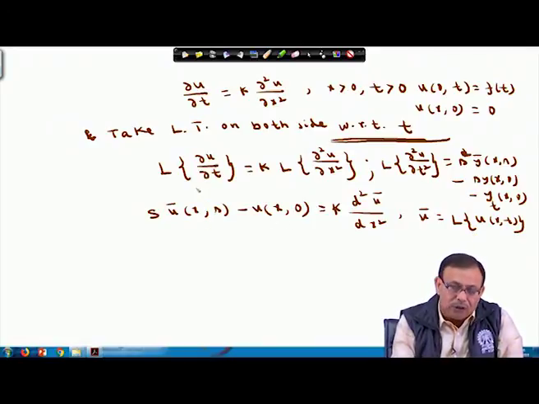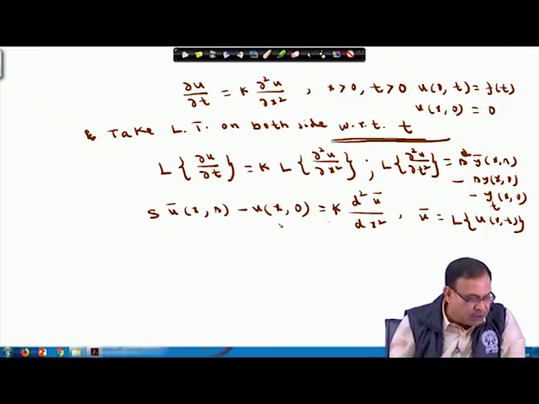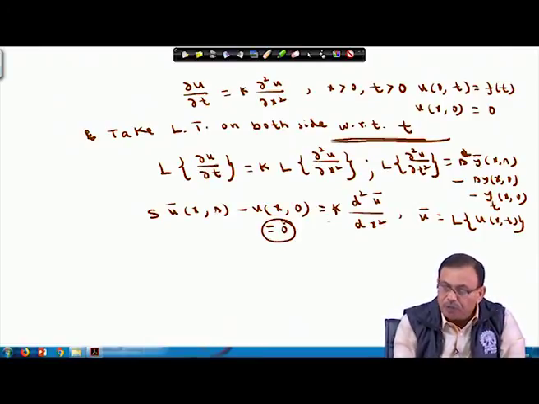So, taking the Laplace transform on both sides of the given equation, the Laplace transform of ∂u/∂t is s ū(x,s) minus u(x,0) equals k into ∂²ū/∂x², where ū is this. You know the value of u(x,0); it is given to us as 0, so you substitute it.